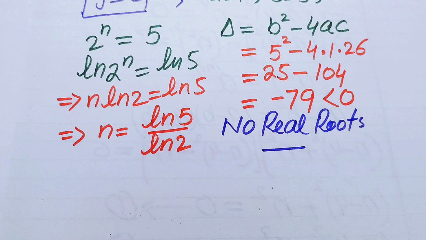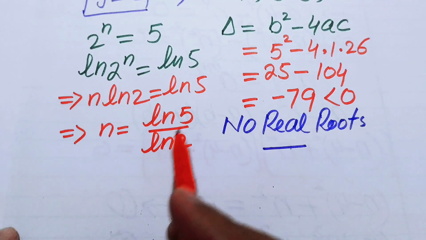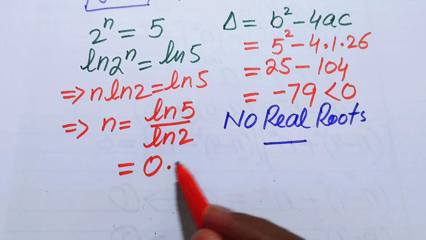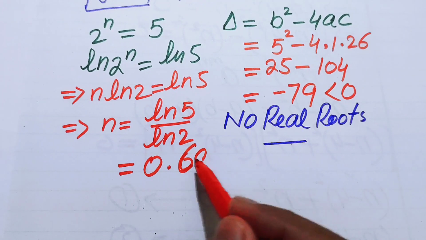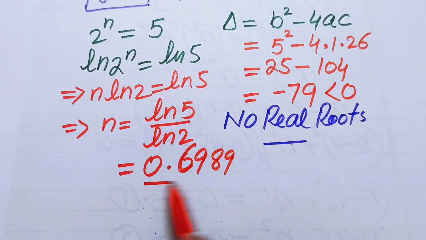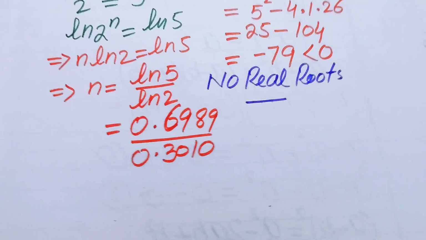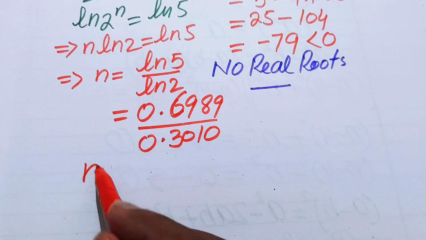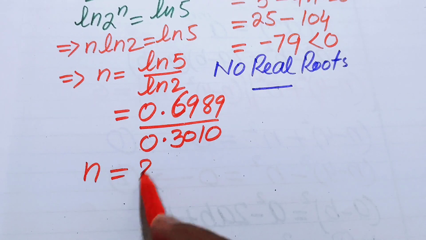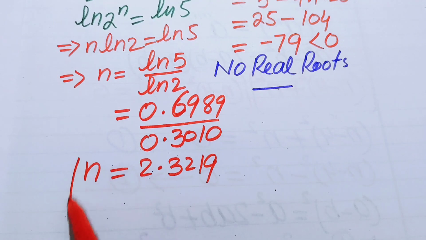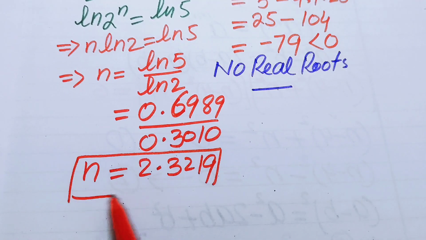Now you will use the logarithm table or the calculator to find the values of log 5 and log 2, so the value of log 5 is 0.6989 over the value of log 2, which is 0.3010. Finally you divide these two values, and you will get the value of n equals 2.3219. So this is our final value for this problem.